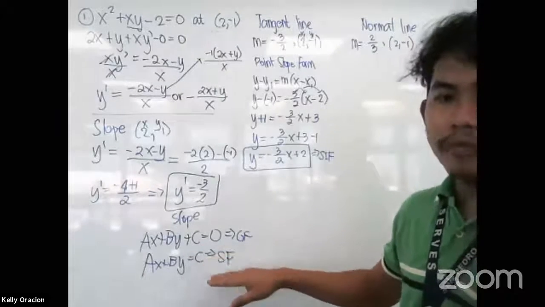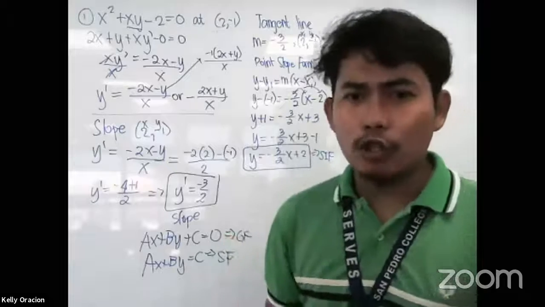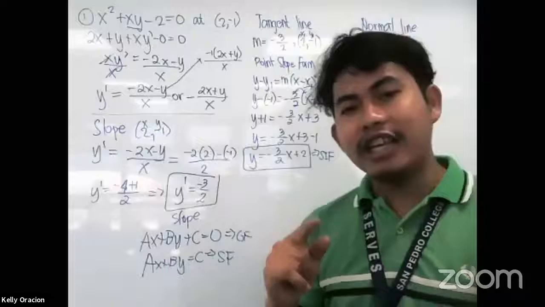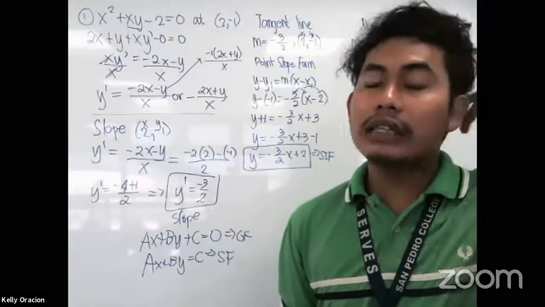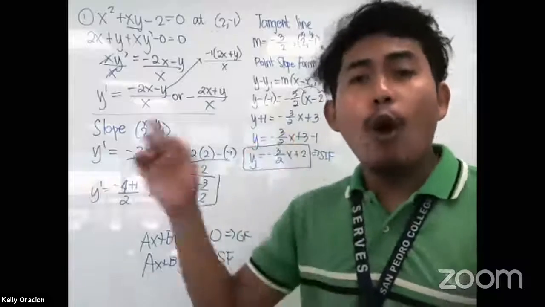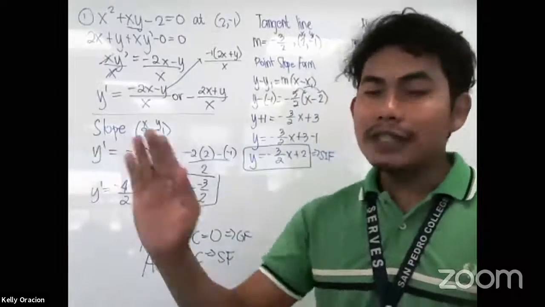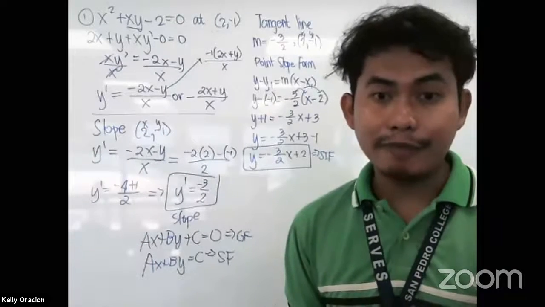Okay, general form, standard form. Now, you need to make sure also that the constants of the general form of a linear equation are whole numbers. Again, class, basta general form, whole numbers should always ang constant.